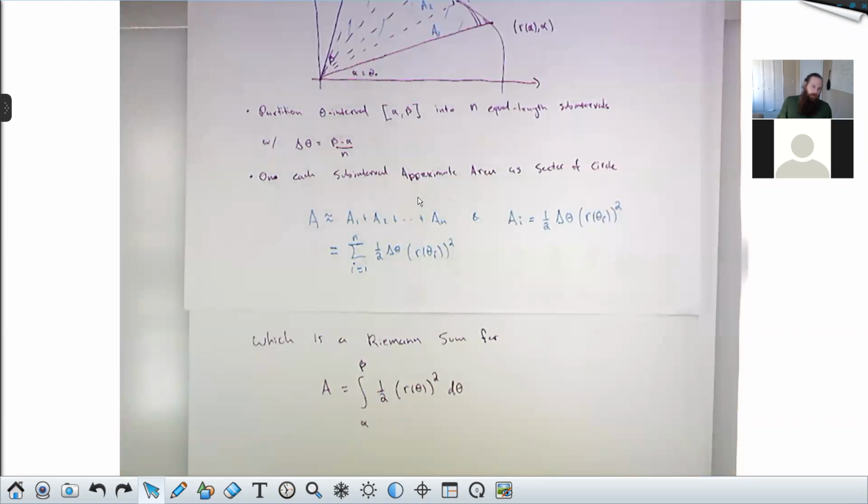So if you want to find the area enclosed by a polar curve, you don't integrate the function r, you square r, then multiply by 1/2, then integrate that.